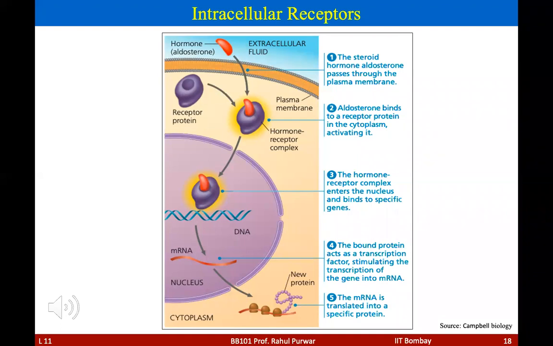I always told you that proteins are the functional unit, and the ultimate readout of most responses is protein expression or gene expression, building new proteins, new enzymes, and new activities.